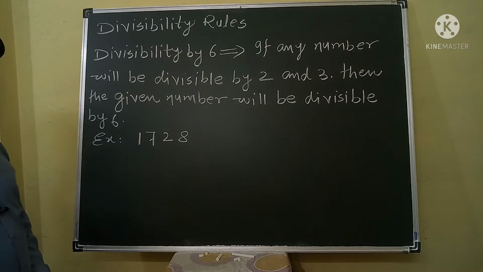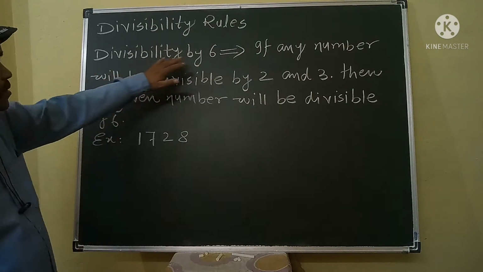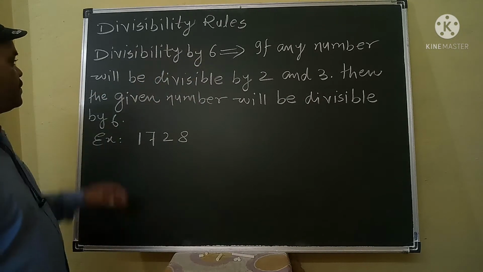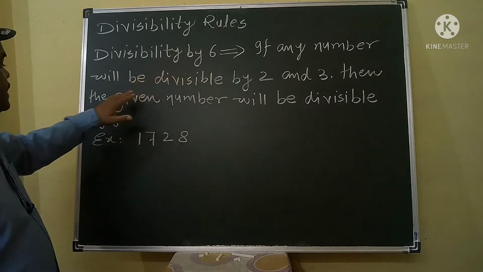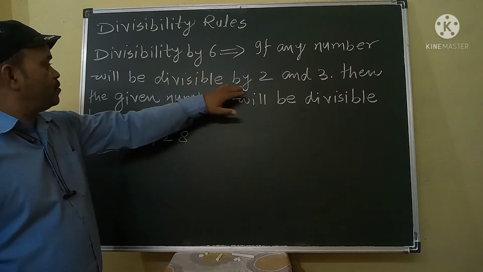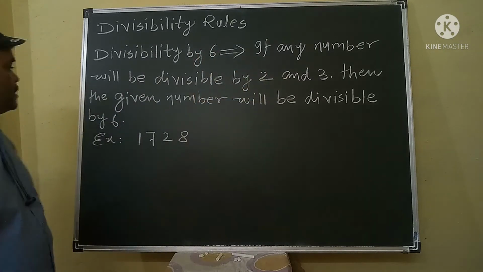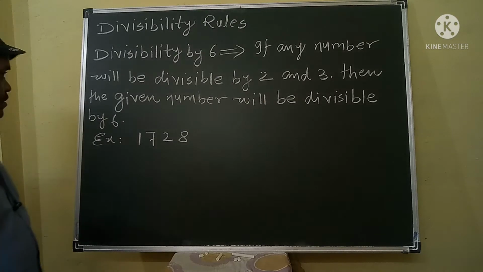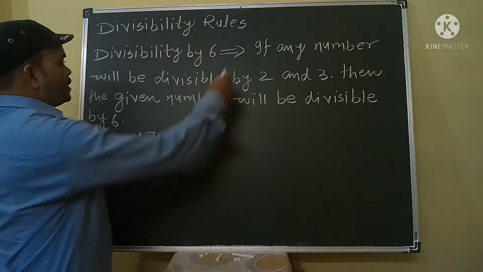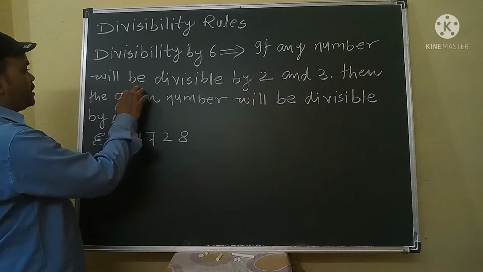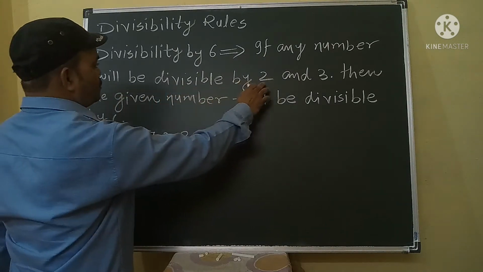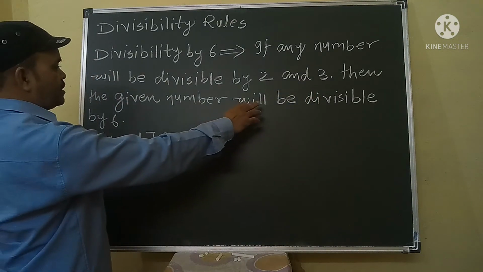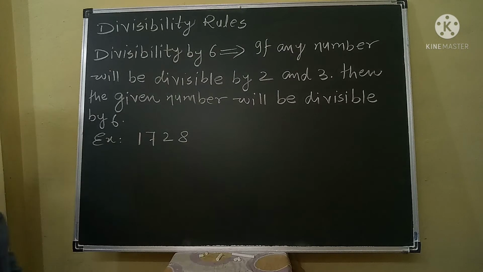Now we will discuss divisibility by 6. The statement is if any number is divisible by 2 and 3, then the given number will be divisible by 6.